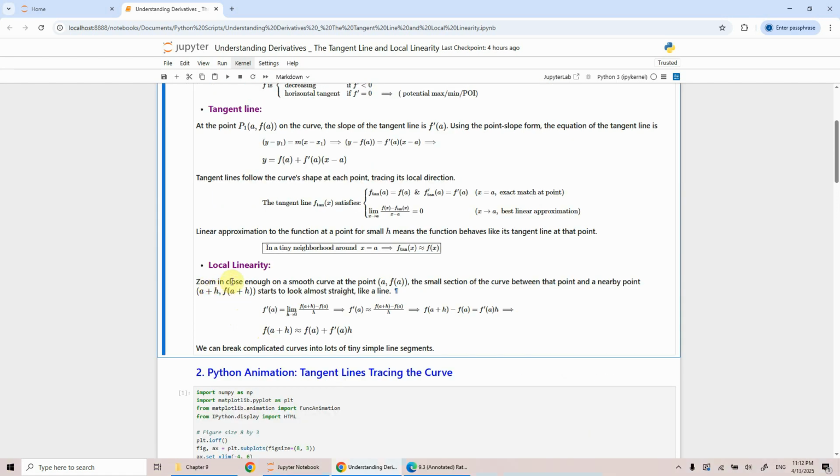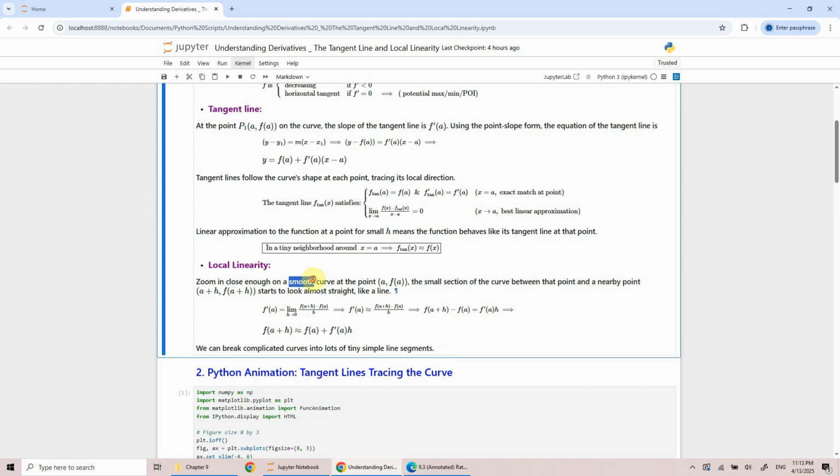If we zoom in really close on a smooth curve, the small portion of the curve from the point x equals a to a neighborhood point can be treated as a line, as long as the distance is very tiny, h approaches 0. So a simple line can be used to estimate complicated curved behavior in a small region.